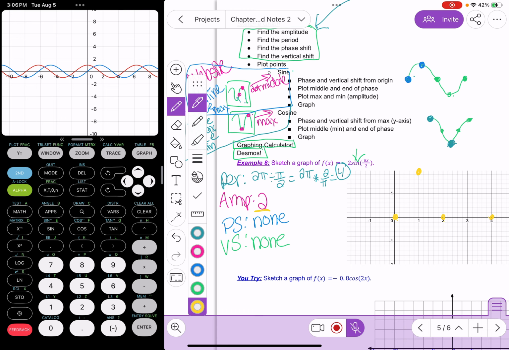In between the second two yellow dots, my minimum is 2. That would be one period of the graph. These would be the dots I'd have to put on the computer. I'd put this dot first, then I'd put this dot, it would graph the rest. So you still have to be able to find those things in order to plot those pink points.